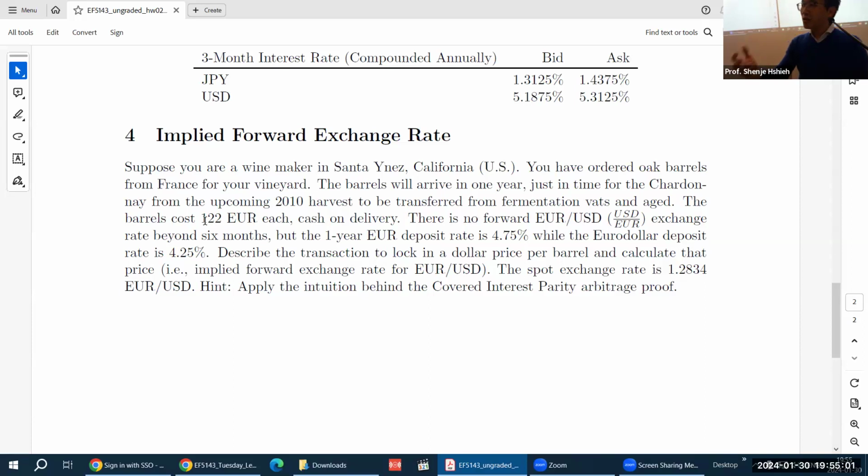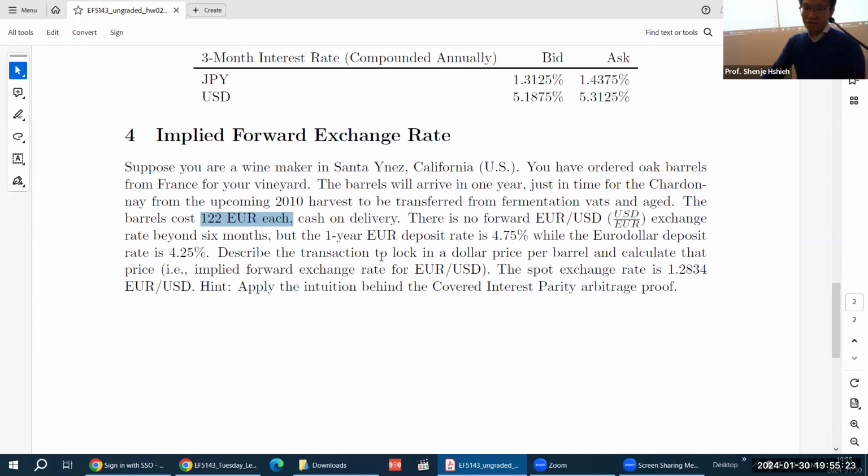You know the cost: it's going to cost you 122 euros each. There is no forward contract, so you can't lock in the price today. So the price of a euro could fluctuate, and therefore your actual cost in dollars is going to be different than it is today.